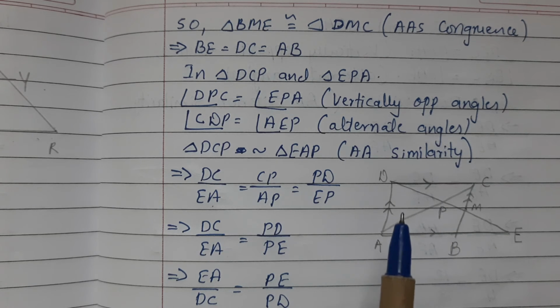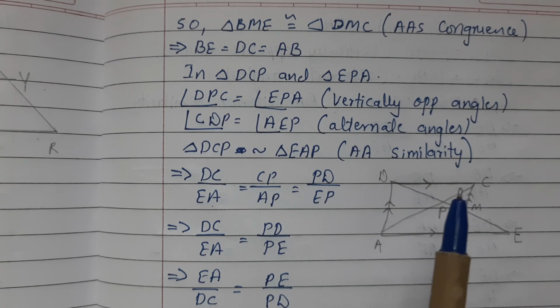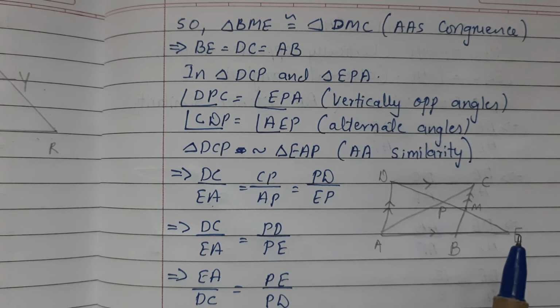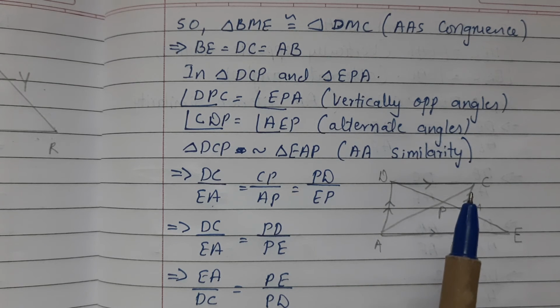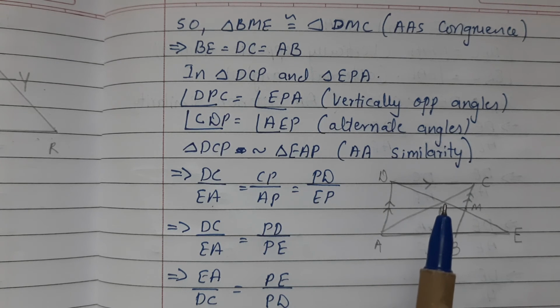Now, in triangle DCP and triangle EPA, first angle DPC is equal to angle EPA, vertically opposite angles. Angle CDP is equal to angle AEP, alternate angles. Therefore, both the triangles are similar by AA test of similarity.